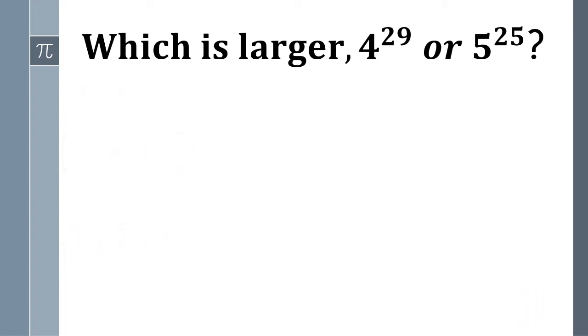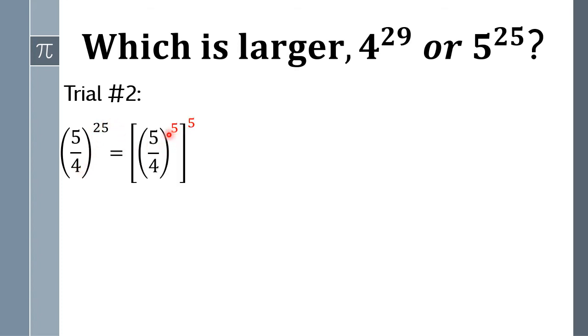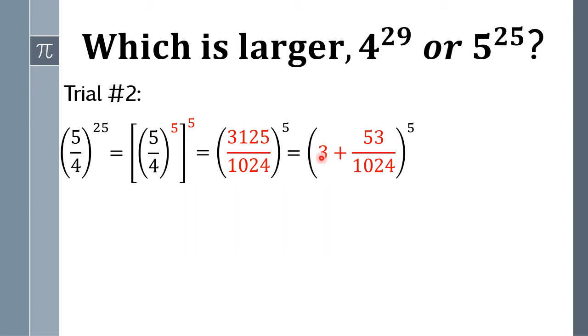Let's give another try. We can write 5 over 4 to the 25th power as 5 over 4 to the 5th power, then to the 5th power. And the inner side can be written as 3125 over 1024, which is equal to 3 plus 53 over 1024.